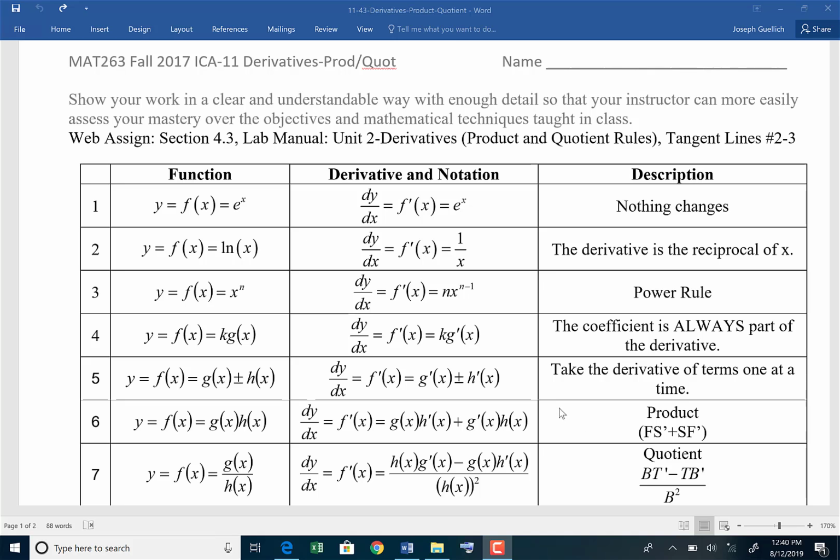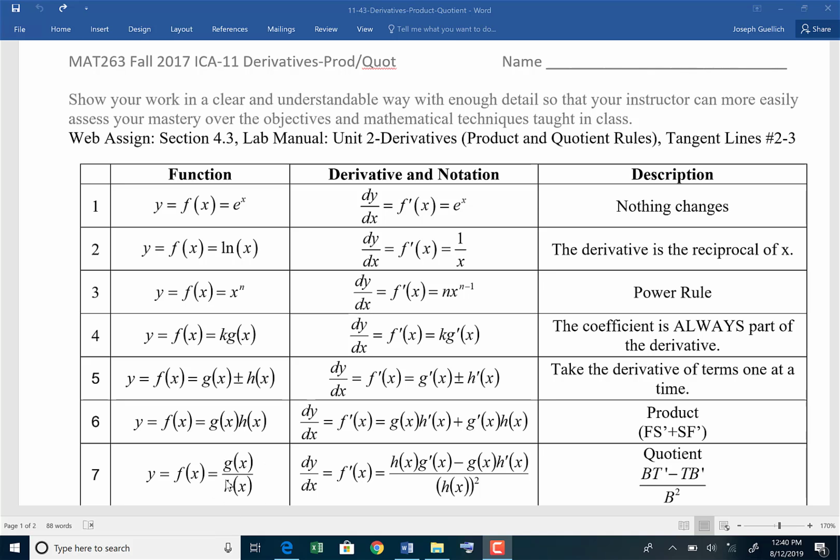Because it's multiply and add, you can write it in different ways. On the right I've got second times derivative of first, but I wrote derivative of first times second. So there are little things that you can do differently, but memorize a pattern and then do it the same way every single time.